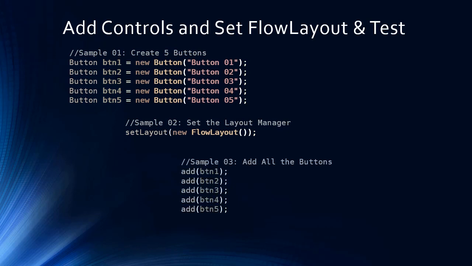Then after setting the FlowLayout Manager, we are adding the 5 controls to the frame window. Alright, now let us go to Eclipse and we will study how the controls are arranged by the FlowLayout Manager.